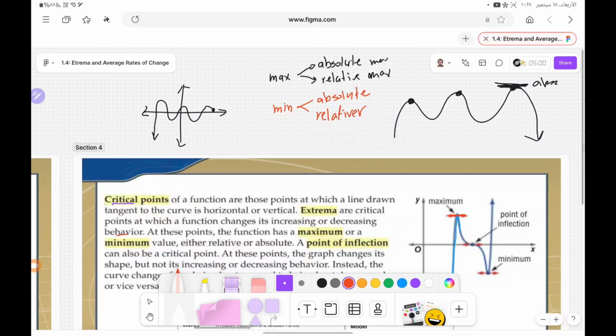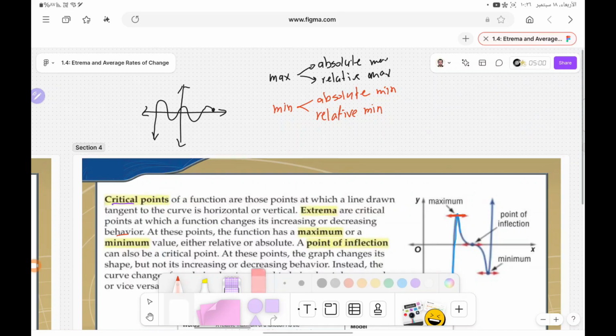Looking at the same function again, which one of these will be the absolute minimum? First identify all the minima. This point here is a minimum, this point here is a minimum, this one here is a minimum, and this one here is a minimum.